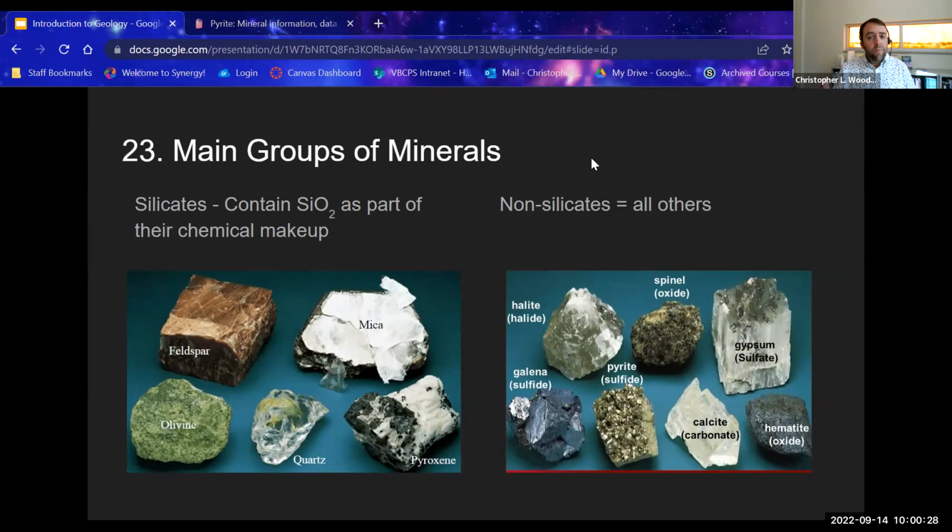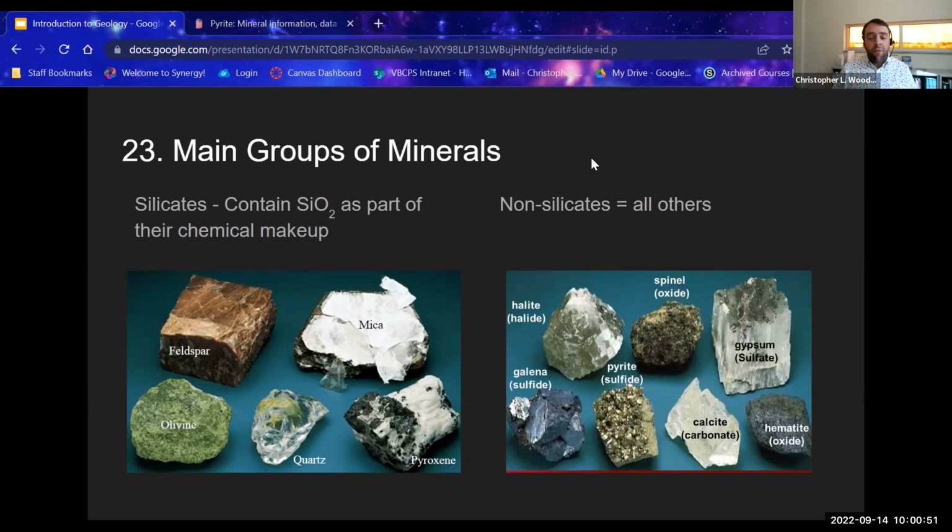There are the silicates and the non-silicates. That's all the others. And the non-silicates contain things like carbonates and oxides, pure minerals like gold or even iron can be found in pretty pure form. There's sulfates and other types, but for now we're just going to divide it into silicates and non-silicates.